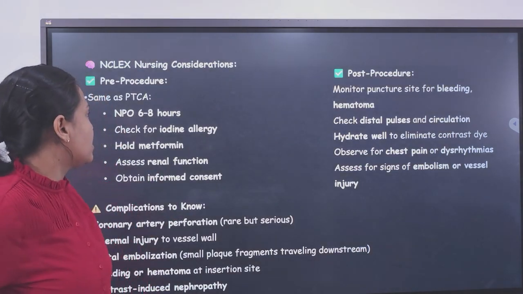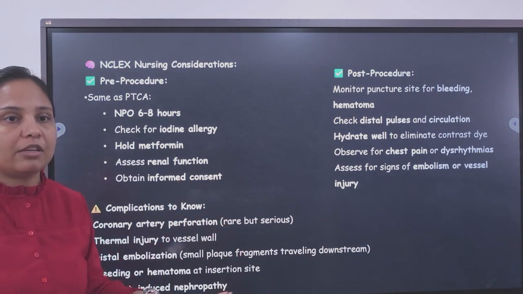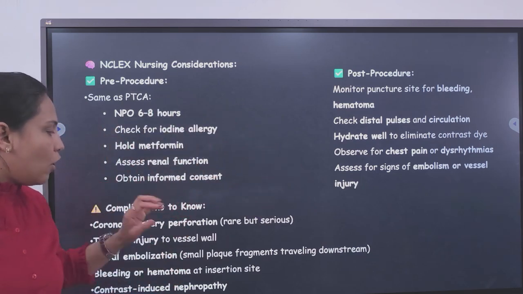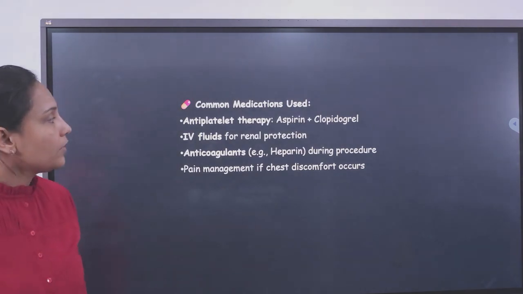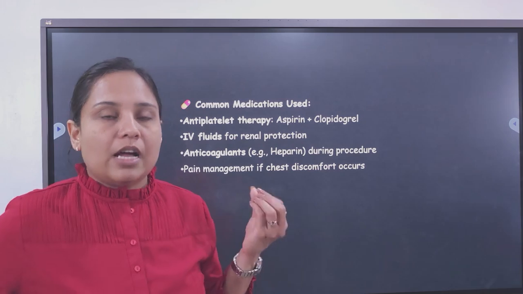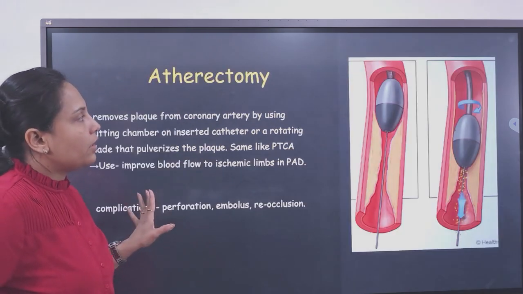Pre-procedure same like cardiac catheterization or PTCA, जो भी हमने intervention है, same interventions we are going to take here, same post procedure and same complications we are going to monitor the patient for. Common medications, same medications we are going to use, which is antiplatelet. After the procedure, IV fluid is important, anticoagulant is important, and pain management.